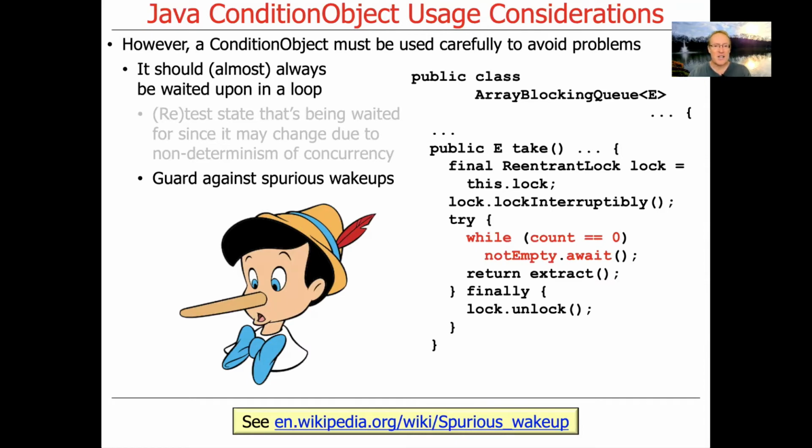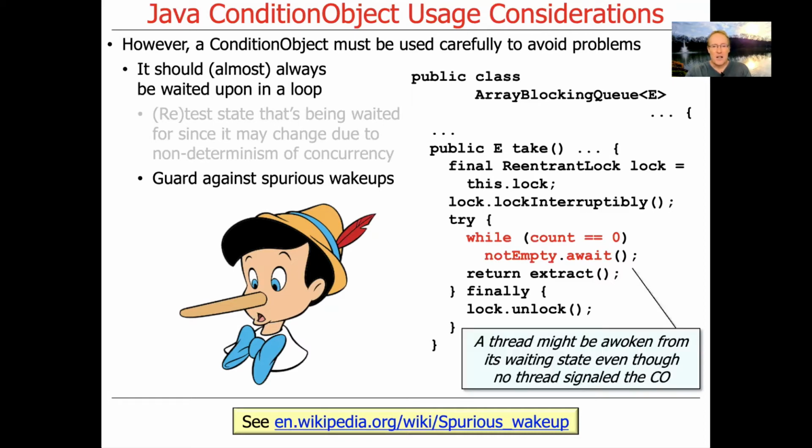And so that's yet another reason why you wait in a loop, because you may not have actually been signaled at all, and the state may not have changed, and yet you'll wake up anyway. So that's kind of weird, but you can read more about that at the link below. It's one of those sort of phantom problems. I'm not entirely sure if it ever happens these days, but you need to be prepared for it and guard against it. So the bottom line is spurious wake-ups can occur if the thread is awoken from its waiting state, even though no user-level thread signaled the condition object.